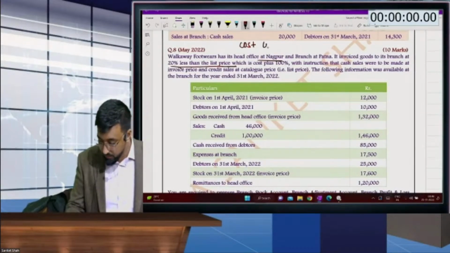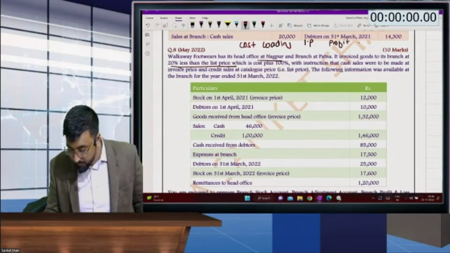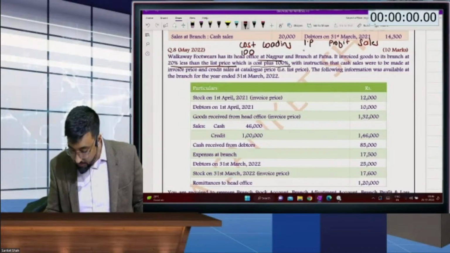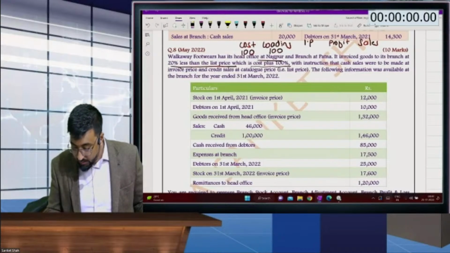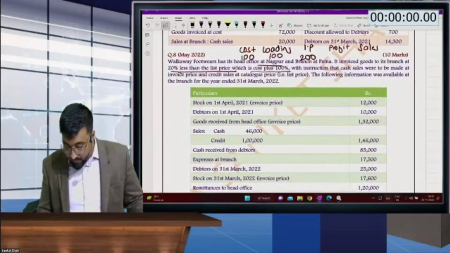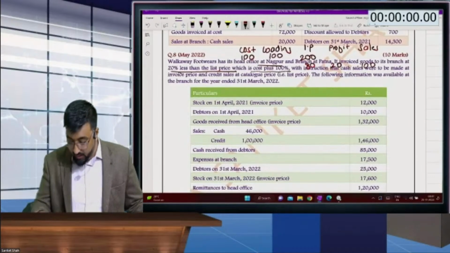Cost, loading, invoice price, profit, sales. What is given? Invoice price is cost plus 100%. Means cost 100, loading 100, invoice price 200. And the second equation is 100, 20, 80.